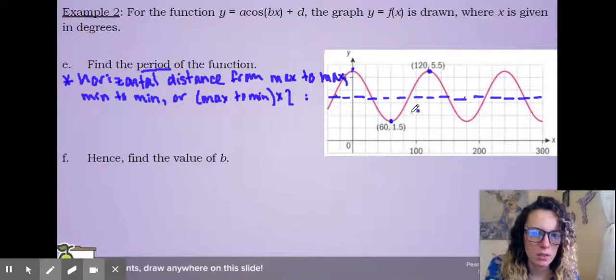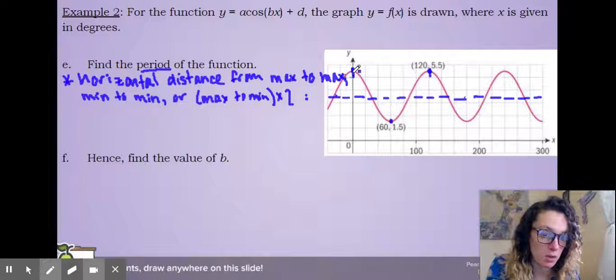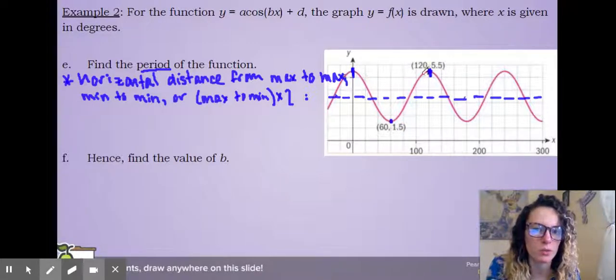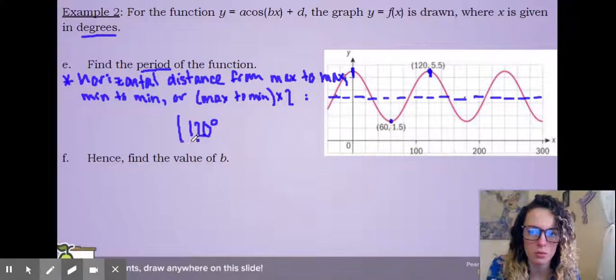All right, so in our case, if I wanted to go, let's say just max to max, just because it's easy and I can see it, my first maximum point is at x value 0, and my next maximum point, x value, is at 120. So the difference between them, or the distance, is 120. Remember, we are in degrees here, so I should even add in that degree symbol at the end.